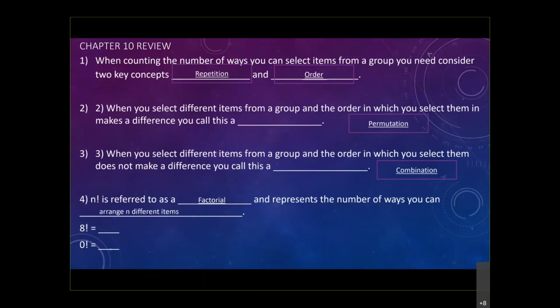The n factorial is how many items we have, and that is the number of different ways to arrange them where the order matters. Let's say 8 factorial.